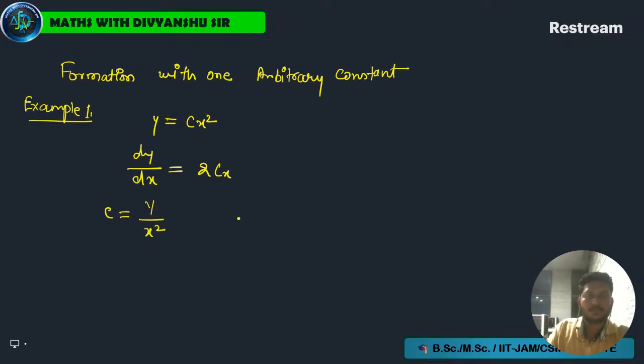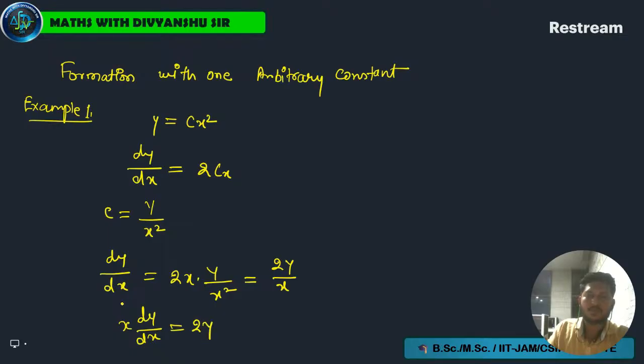Substitute into the derivative. So dy upon dx is equal to 2x times y upon x square, which is equal to 2y upon x. So the final differential equation comes like this: dy upon dx is equal to 2y upon x.